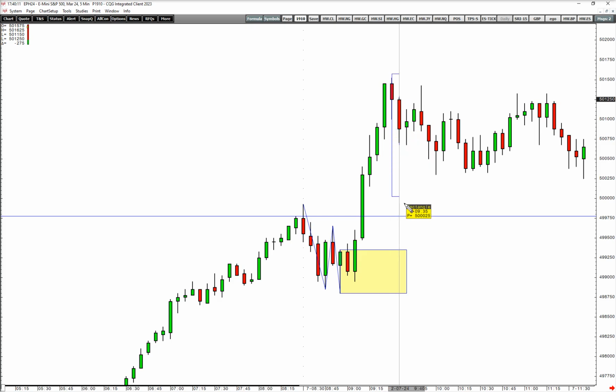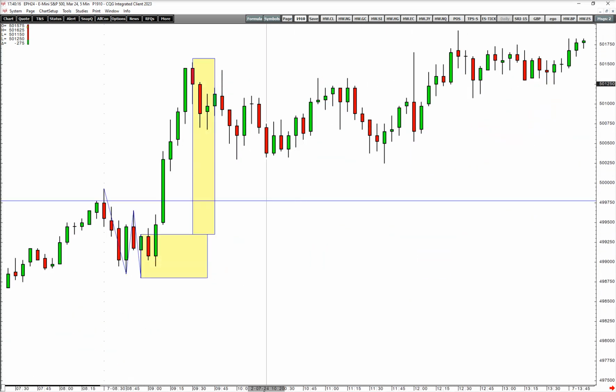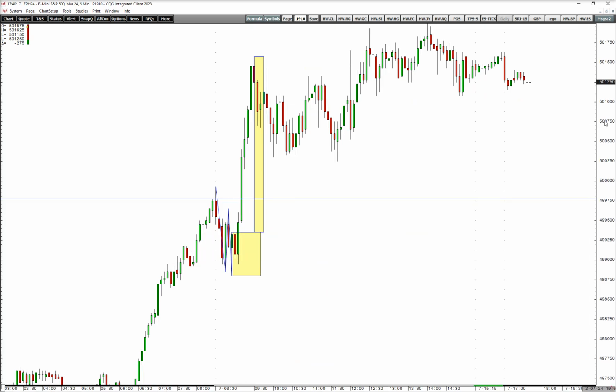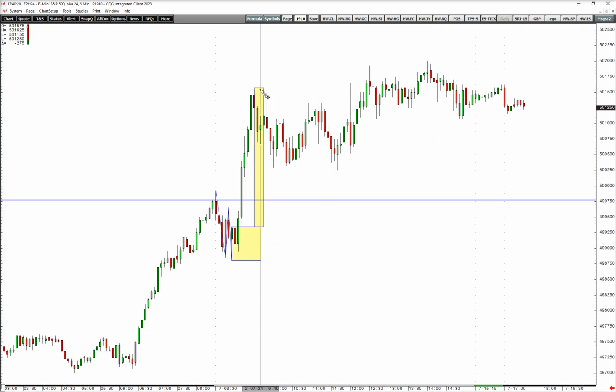So it basically stopped one tick shy of 4R on the morning push, but then it kind of pulled back and went back up, got as high as 50.20. So you did eventually get your 4R in the S&P market, but it was frustrating to get that close and have to sustain a pullback before getting the final 4R target.